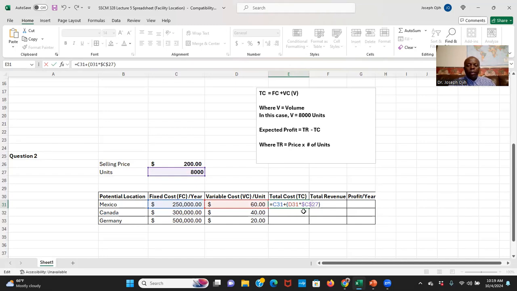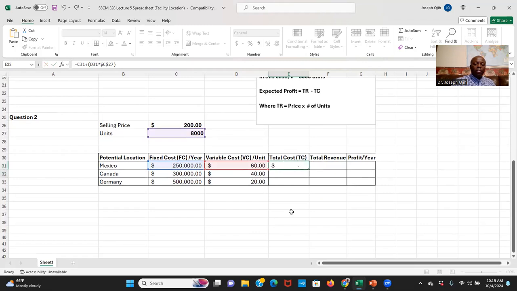Otherwise, it will definitely give you a wrong answer, because it might use something different to calculate it, or it might not calculate at all. So to continue using 8,000 units for the 3 countries, either you put the dollar sign in front of the C and 27, or you manually type in 8,000 units here. Once you have that, press the enter key.